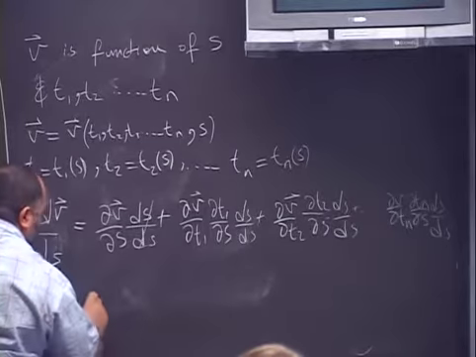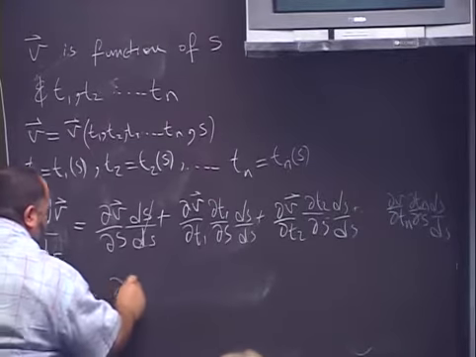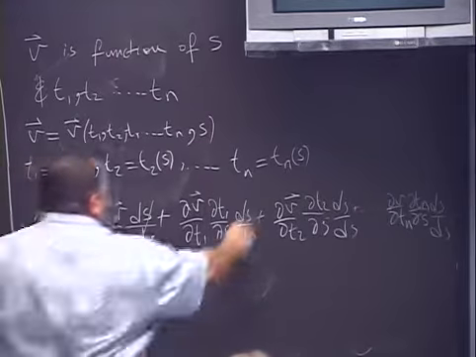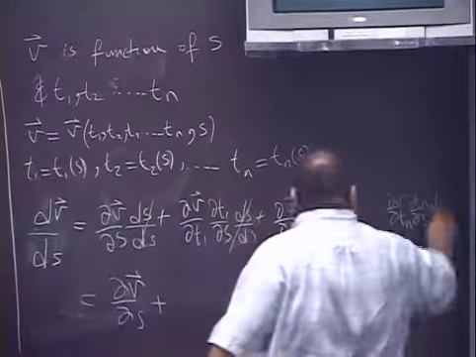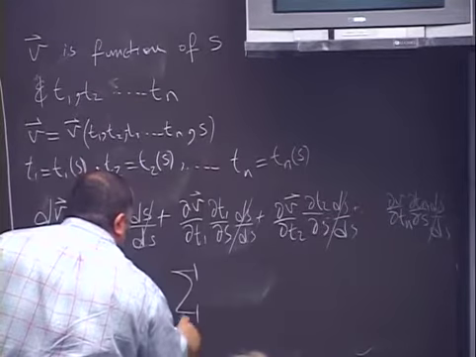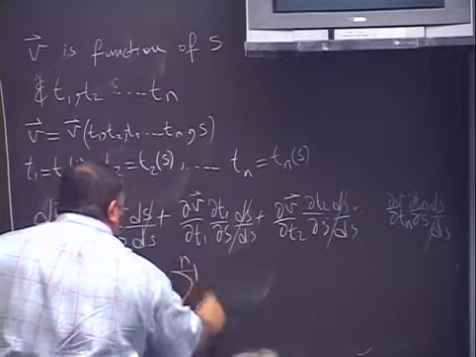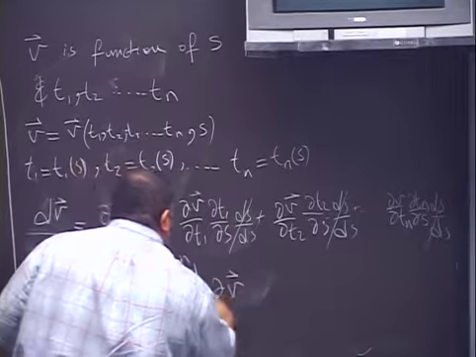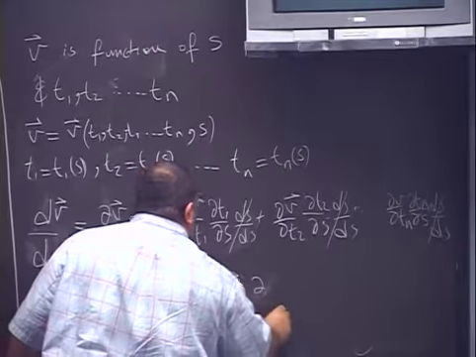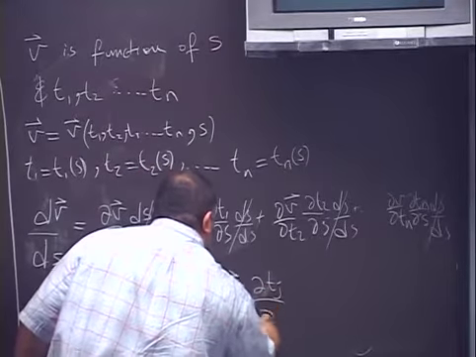So this would be dv vector by ds plus, this is just 1 everywhere. I can put this in a summation form as j equal to 1 to n, dv by dtj multiplied by dtj by ds.